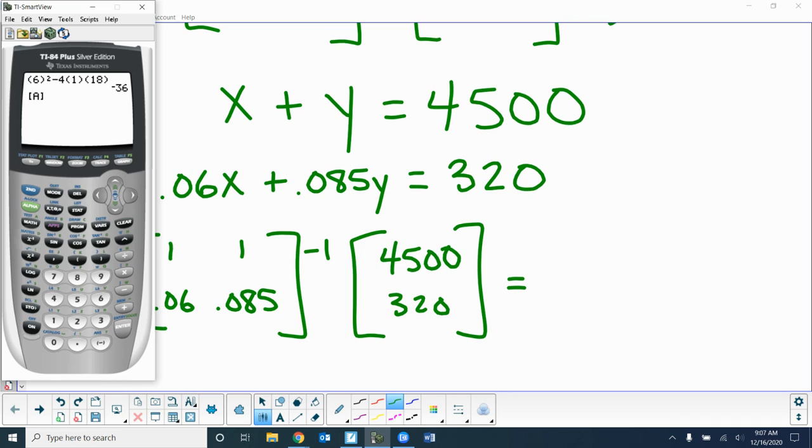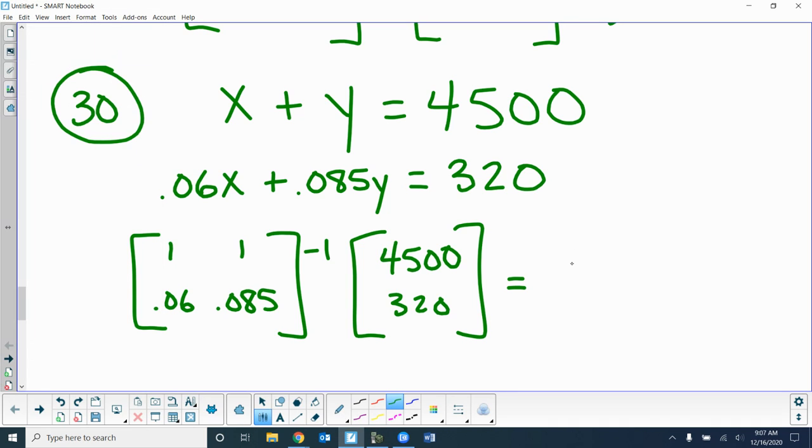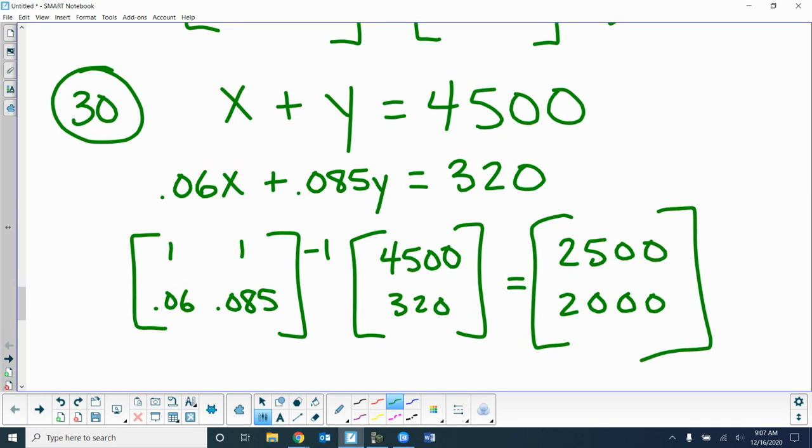A inverse B. So it'd be 2,500 and 2,000 is how much is put in each investment. Okay, so it could be one of those.